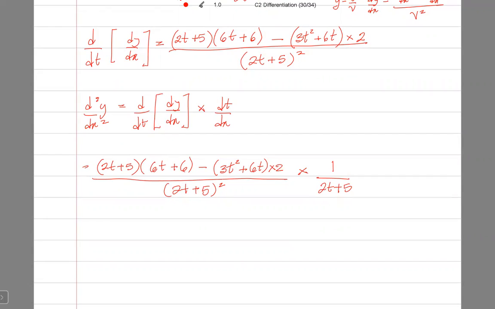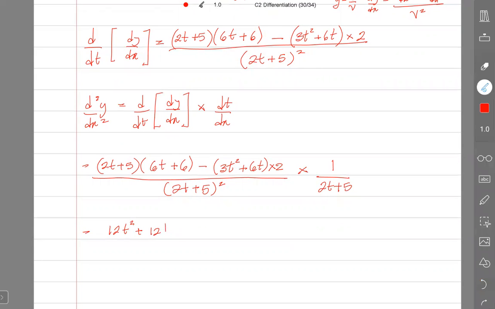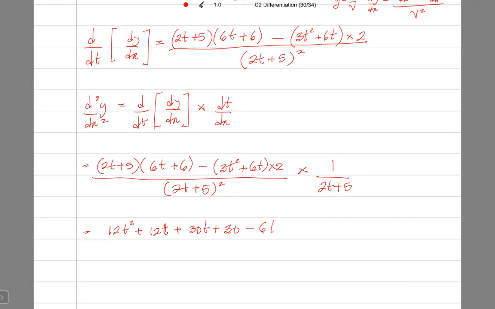I think we can decide if we want to pretty it up or not. So let's pretty it up. Let's expand this. I'm going to have 12t squared plus 12t plus 30t plus 30, minus 6t squared plus 12t.